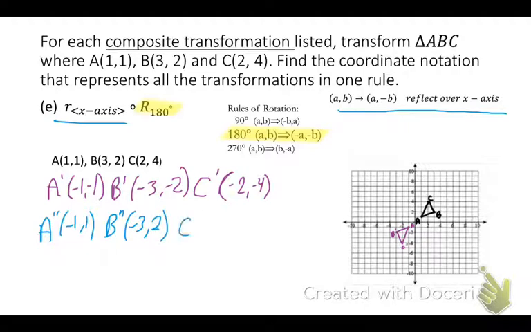And the point (negative 2, negative 4) is going to become (negative 2, positive 4). So if we look at those points real quick, (negative 1, 1), (negative 3, 2), and (negative 2, positive 4).